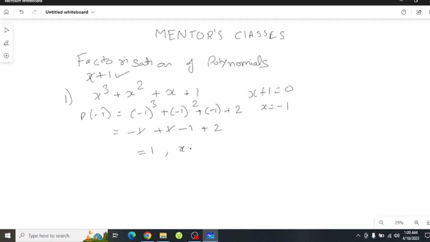So we will say that x plus 1 is not a factor of polynomial x cube plus x square plus x plus 1. Similarly, we can attempt the rest of the three parts of this question.